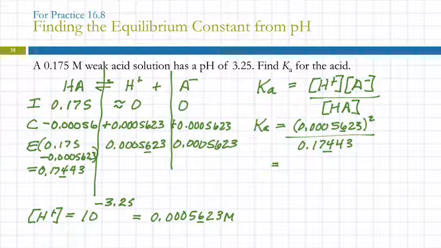I'm getting 1.8 times 10 to the minus 6. Any questions?